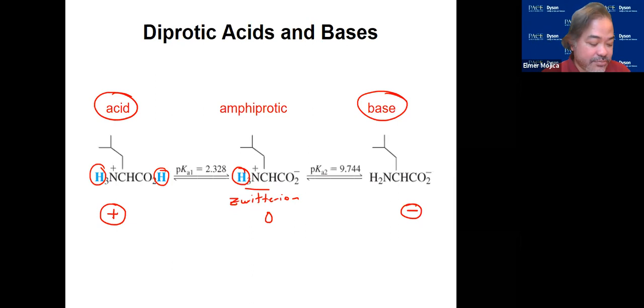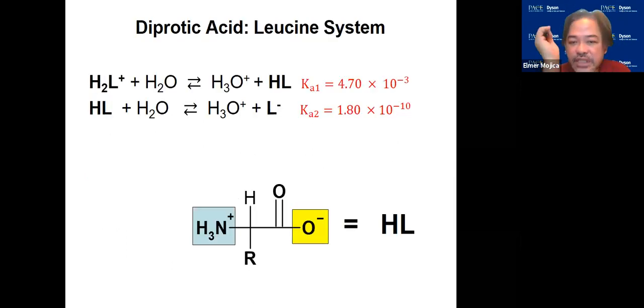That is what amphiprotic means, or amphoteric, I think is the other term that you use for any substance that can act as an acid or a base. Now, let's go to leucine.